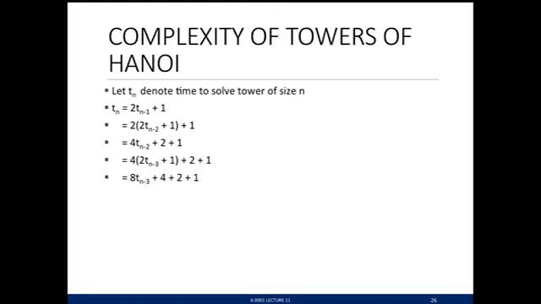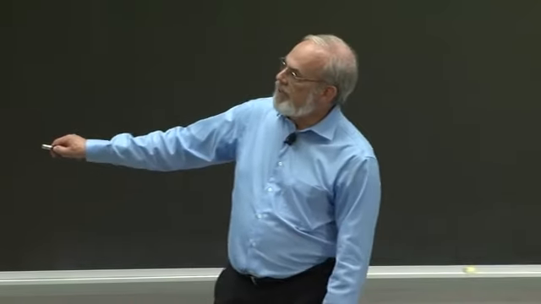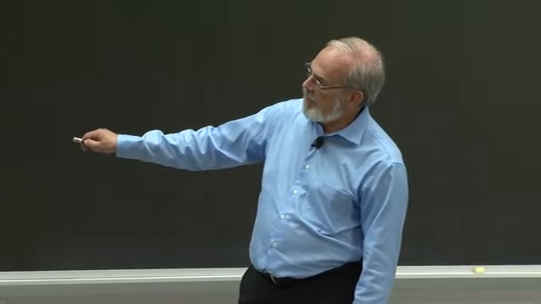Each time I reduce this, I'm adding another power of 2, and I'm increasing the coefficient out front. And so, in fact, after k steps, I'll have 1 plus 2 plus 4 all the way up to 2 to the k minus 1, plus 2 to the k times T sub n minus k. Hopefully you can see it if you just look. This expression is capturing all of those up there.